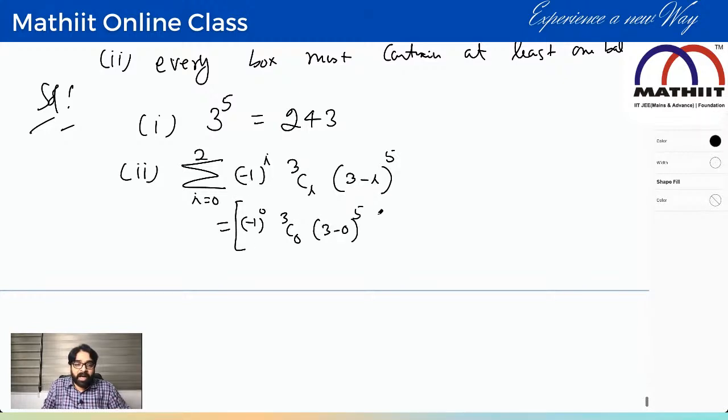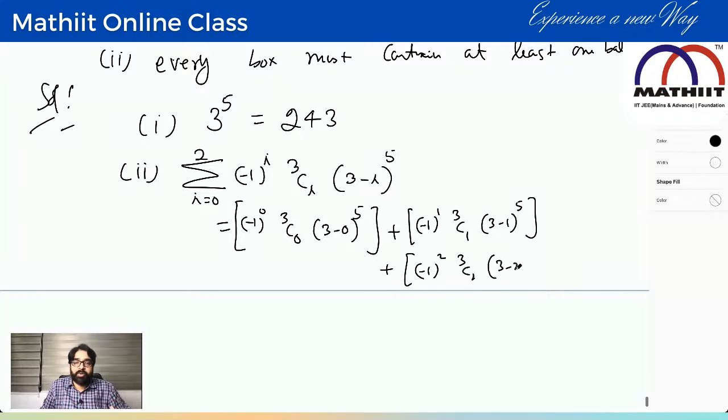Plus, now put I equal to 1: (minus 1) power 1, 3C1, (3 minus 1) raised to power 5. Now put I equal to 2: (minus 1) power 2, 3C2, (3 minus 2) raised to power 5. We have to go up to 2.